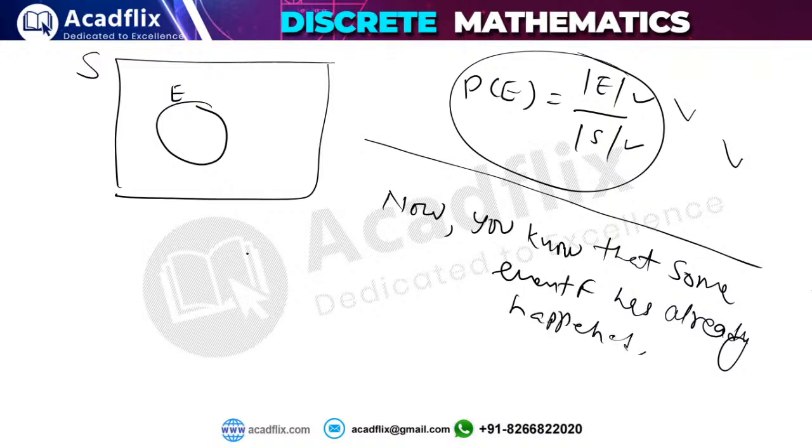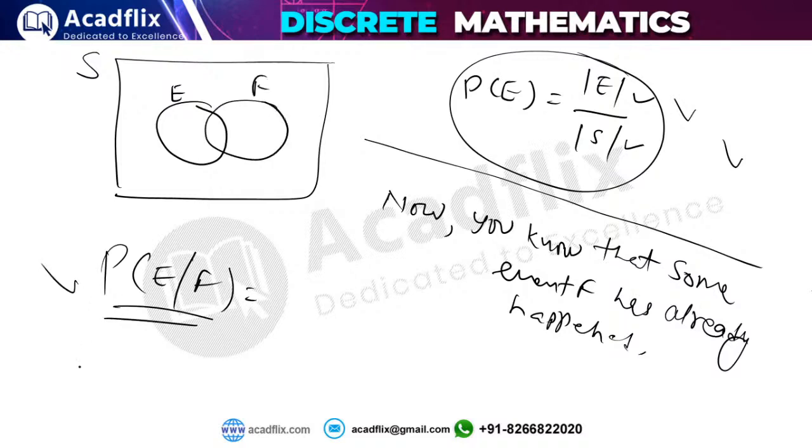So now you want to find the probability of E given F. Let's assume this is your F. Now notice one thing: your sample space has changed. Why? Because now your sample space is this F, because you know that F has already happened. This red one is your new sample space. So basically your new sample space will be probability of F.